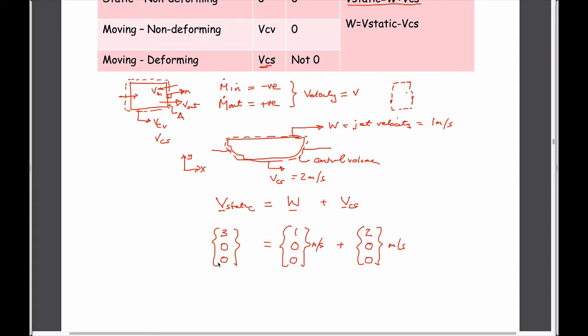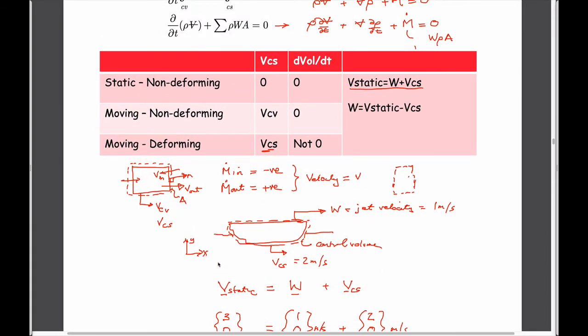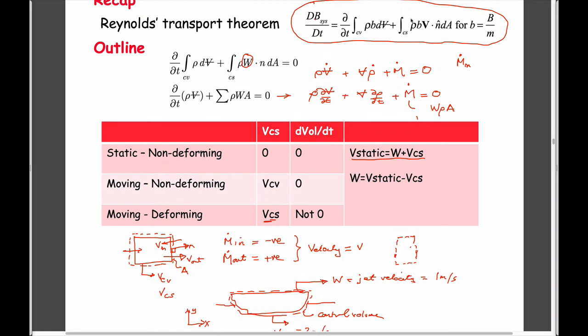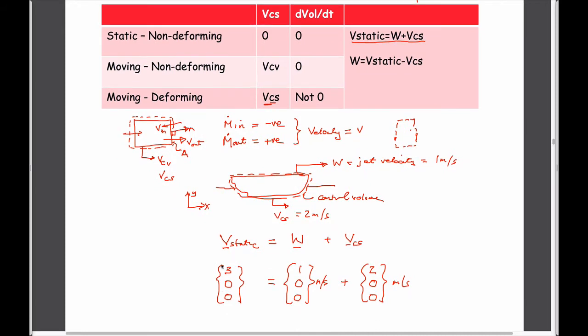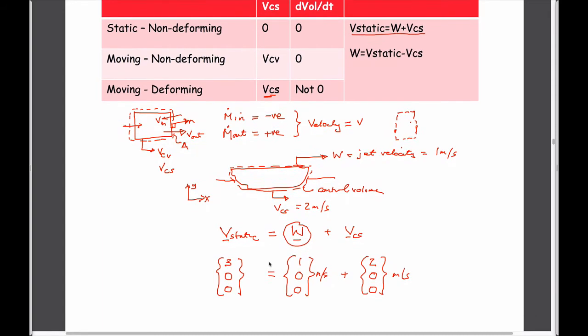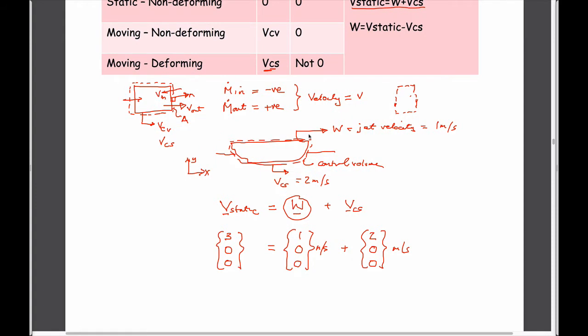They're vectors, but when we take this dot product, we talked about what this dot product meant. This dot product is really just the relative velocity across that surface. So although these are vectors, this is W. Typically, since we're interested in how much stuff goes into the control volume, you know that this is physically coming out of the hose.